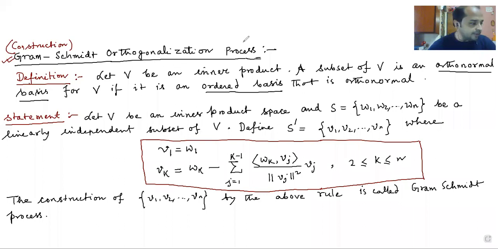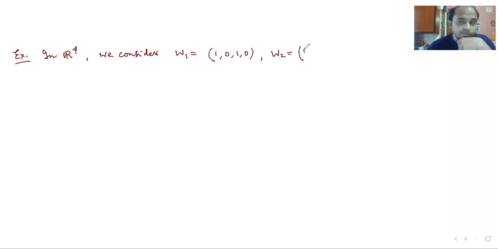Okay, let us solve a problem. Let us take this example, and I'm going to show you how to do this. In R4, we consider three vectors: W1, which is 1, 0, 1, 0; W2, which is 1, 1, 1, 1; and W3, 0, 1, 2, 1.